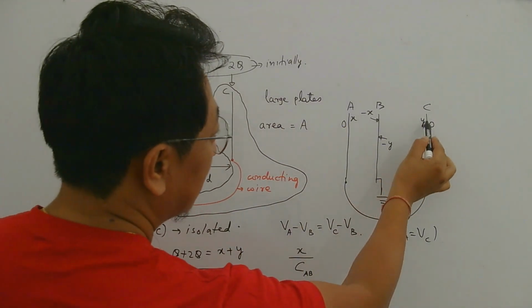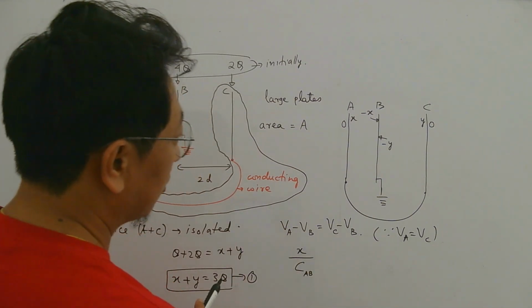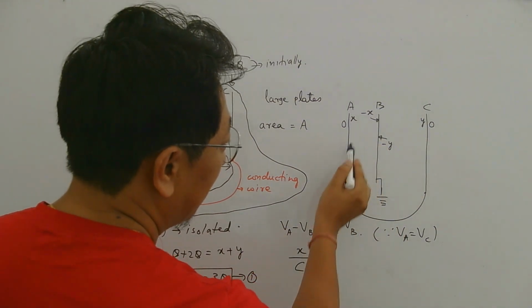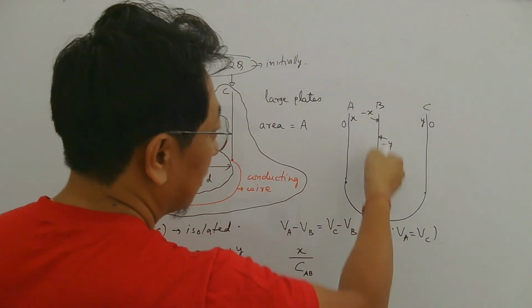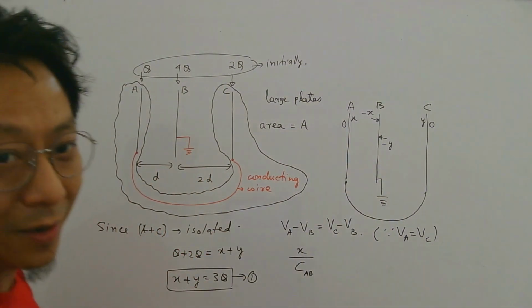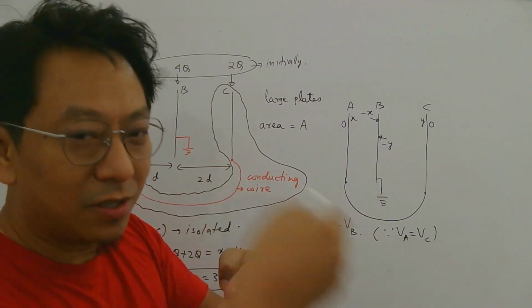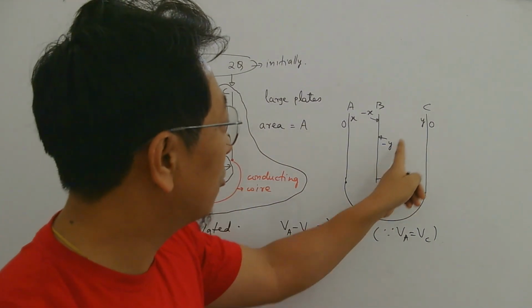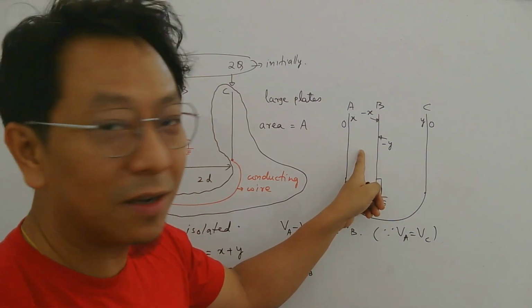Why these charges do not come in this formula is because these charges will not create electric field here. That is because this is a conductor, and a conductor shields outside charges from inside, meaning these outside charges will create electric field 0 here.